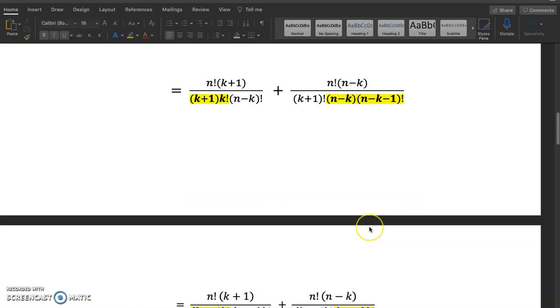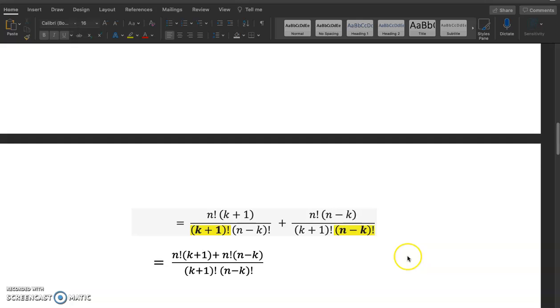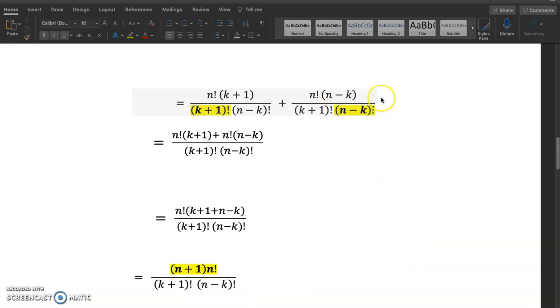Now, what is k plus 1 times k factorial? That is the same as k plus 1 factorial. What is n minus k times n minus k minus 1 factorial? Well, that is the same as n minus k factorial. And as you can see, we have the same denominator in both fractions.